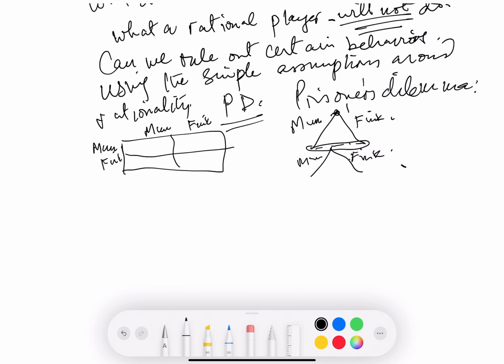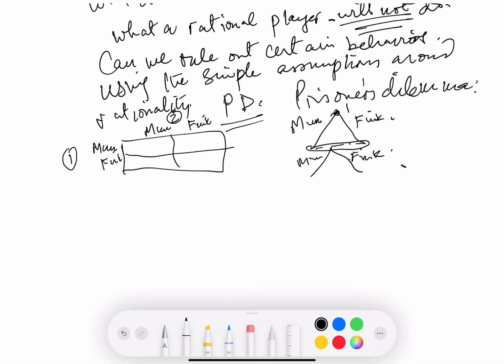And I will go through the payoffs. Okay? So what is a typical set of payoffs in a prisoner's dilemma? I can put it in many ways. So I'm going to do it in the context of prison terms. So remembering the convention that the first payoff represents the payoff of player one. This is player one. I'm not going to write it because that's going to be our standard convention of player one and player two.